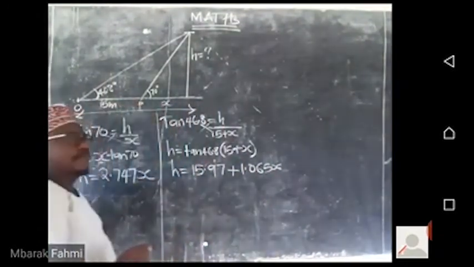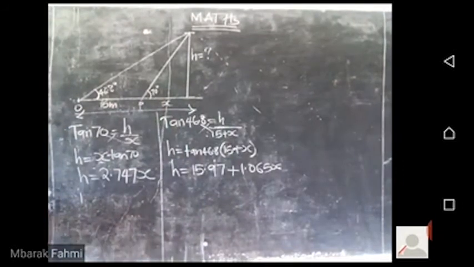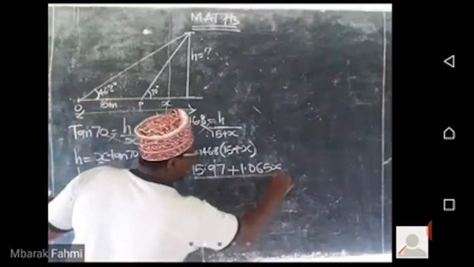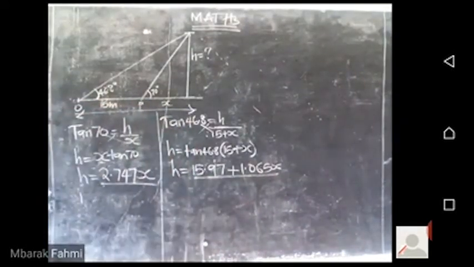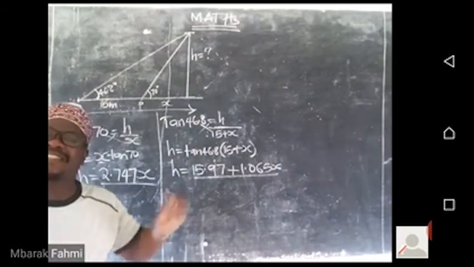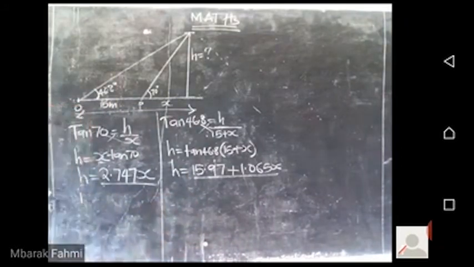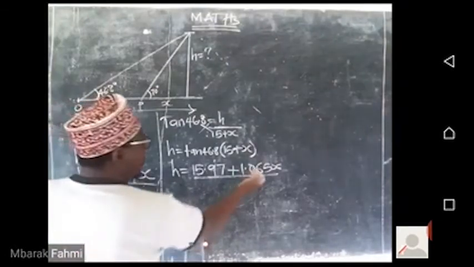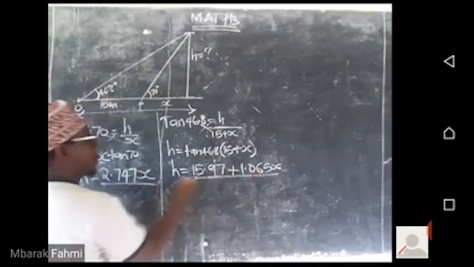Now we have the two equations representing height. Height is equal to this, and height is equal to that. Remember, all these equations are representing the same height. So we can equate these two expressions.